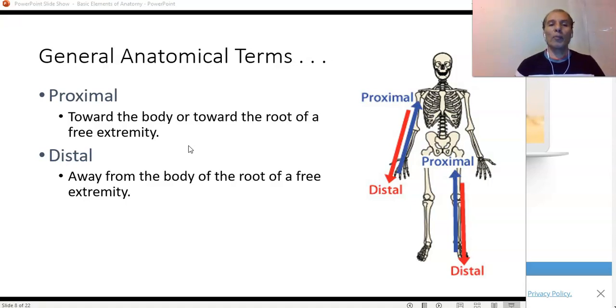Now proximal comes, of course, from the word proximity. It is like you want to describe something with reference to something bigger. So if you want to say, for example, where is the Washington Monument?